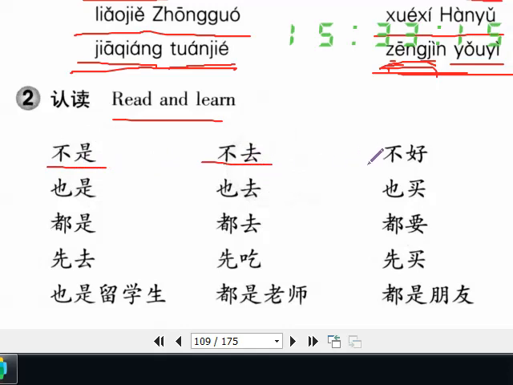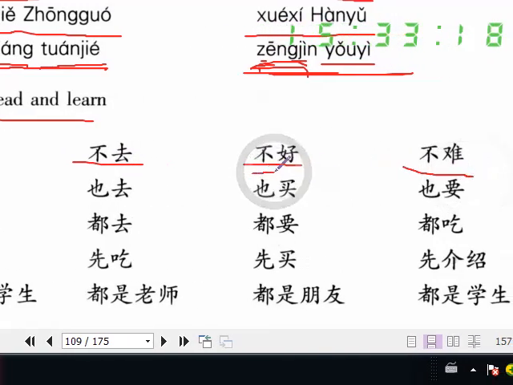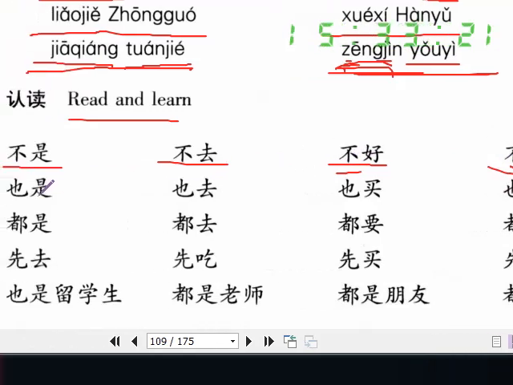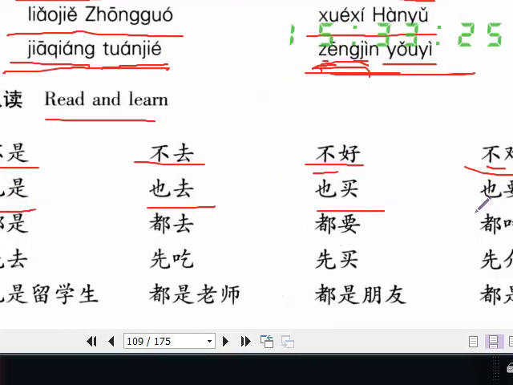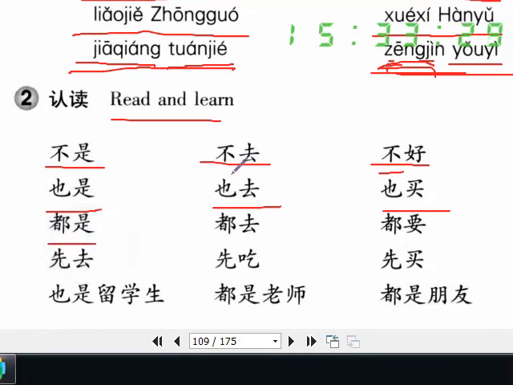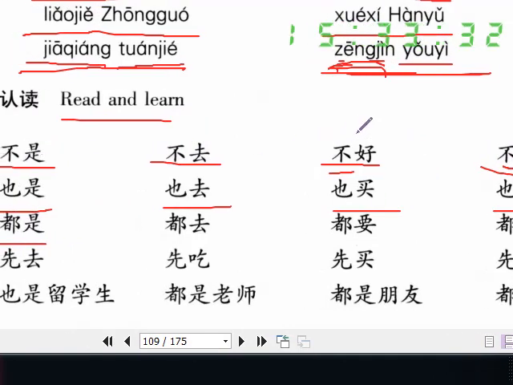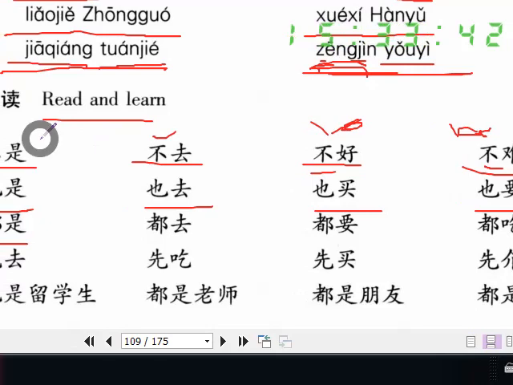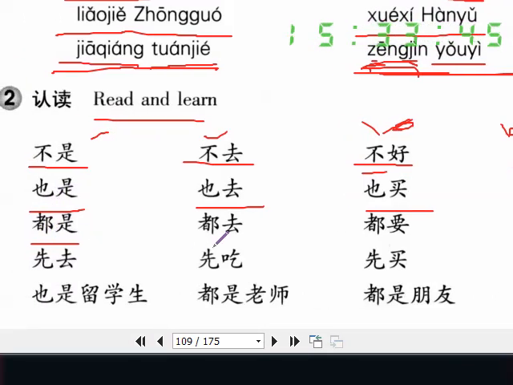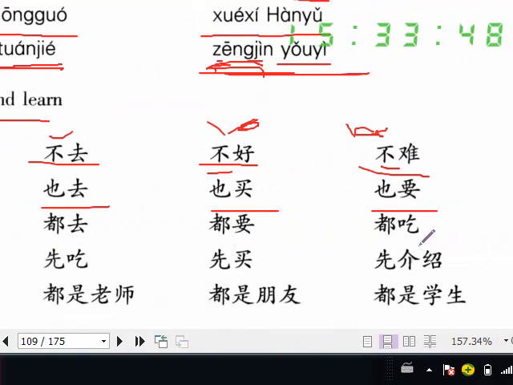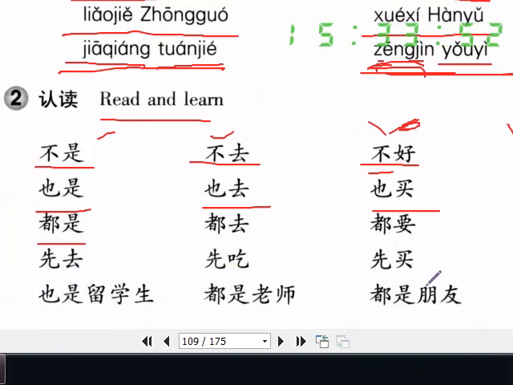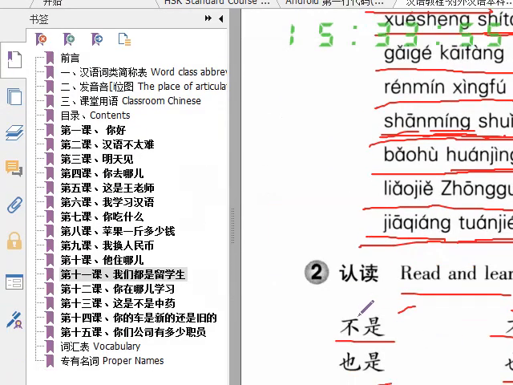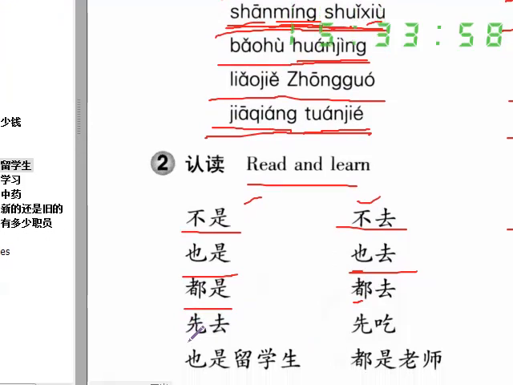不是，不去，不好，不难。也是，也去，也买，也要，都是。I don't say this pronunciation. This is different. This is just the second tone. Oh, this is the first tone, sorry. 不能, this is the second tone. 都是，都去，都要，都吃，先去，先吃，先买，先介绍. 先 is to go first.